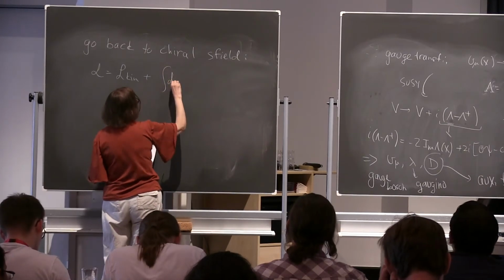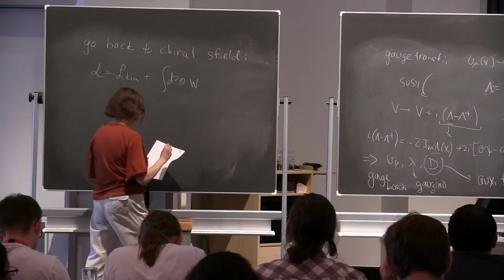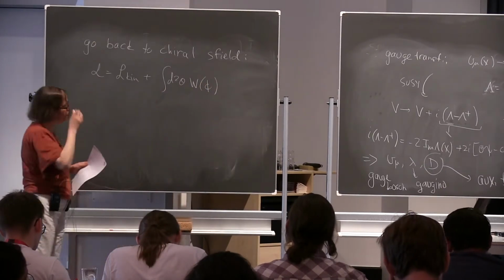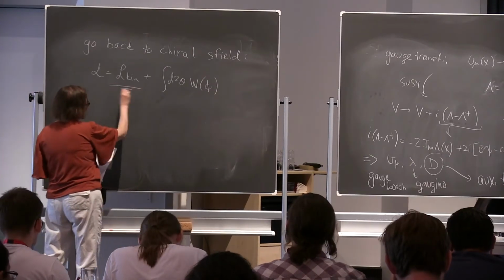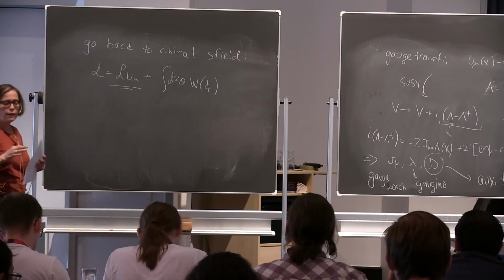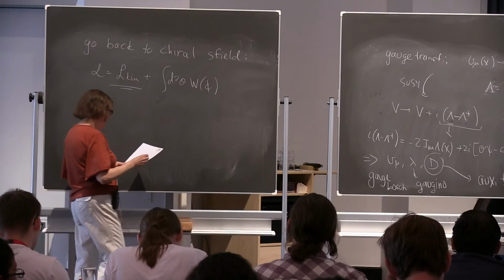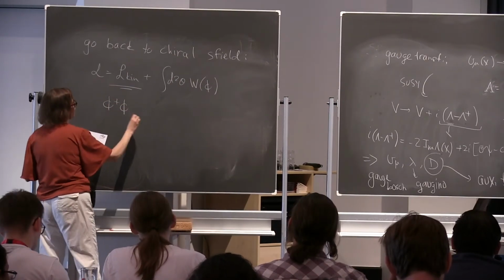But the interaction part we could write down as d squared theta times W, which depends on the chiral superfield. But this part we just wrote down in components. Now we know how to write this guy too, because obviously phi dagger phi is real.